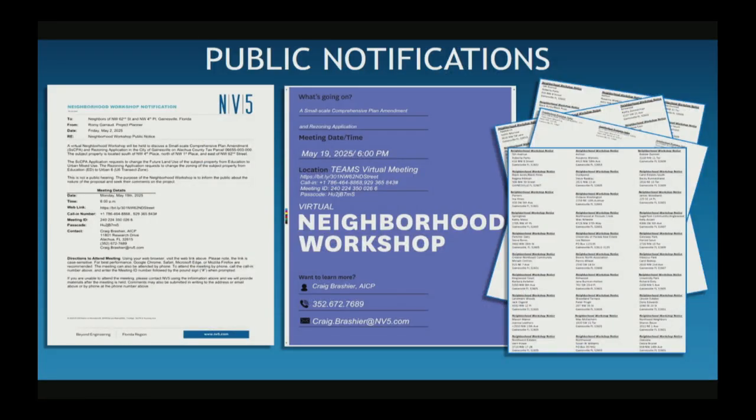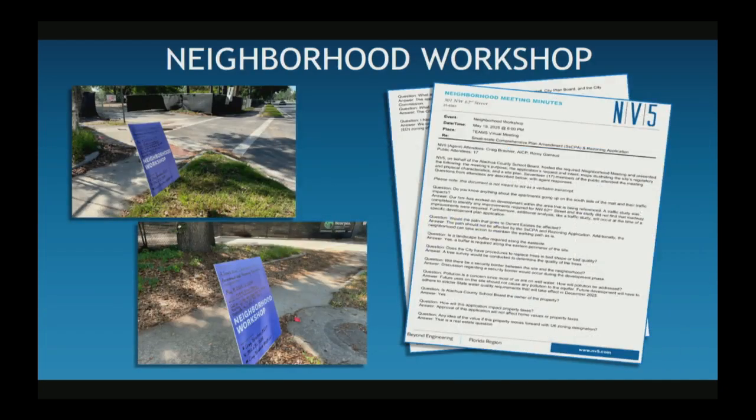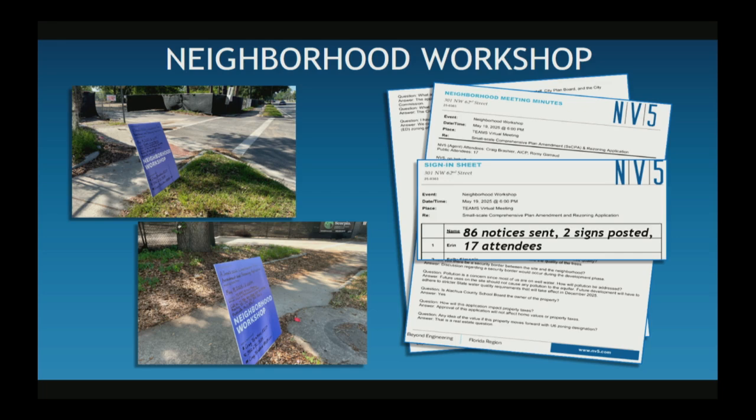So following the city's requirements for neighborhood workshop, we provided public notice, and we conducted a workshop following mail out, including 86 notices. We posted the site with the 2 signs. Of that, we had 17 attendees at the neighborhood workshop.